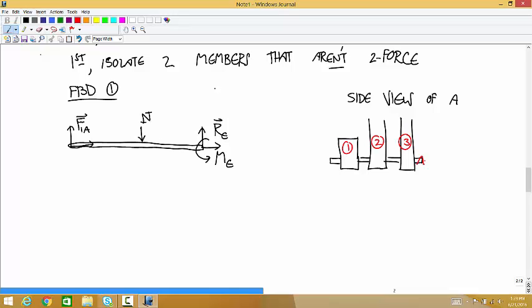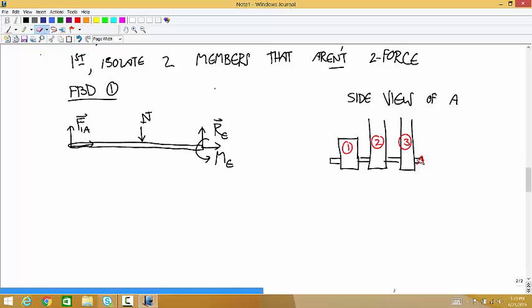I'll call this pin A. Our usual approach is we lump this pin in with member 1 because it's the lowest numbered member. And then 2 and 3 are both acting on member 1.